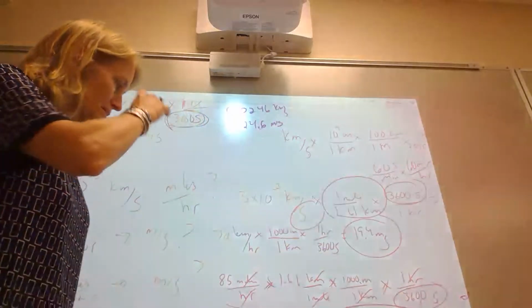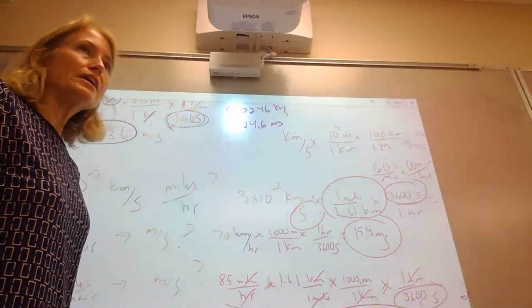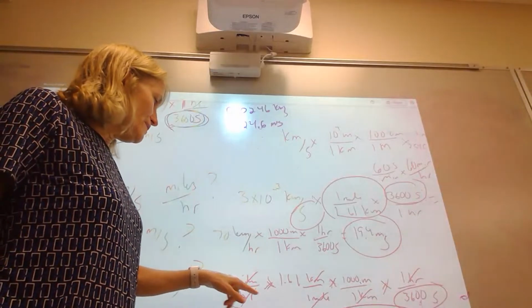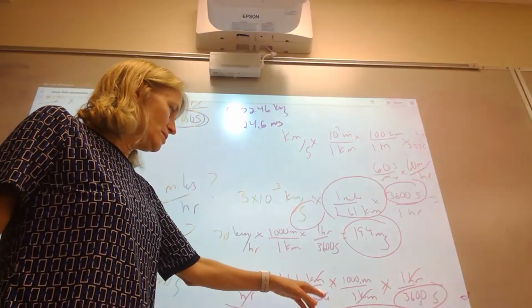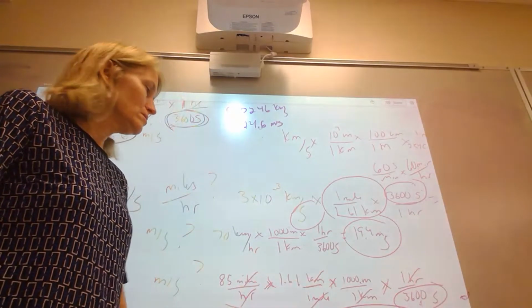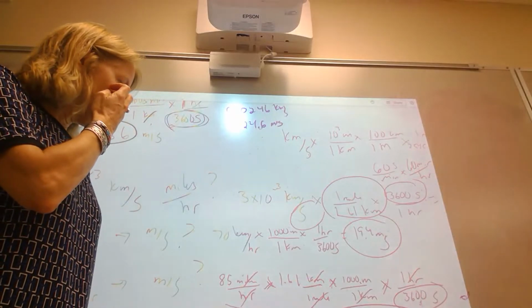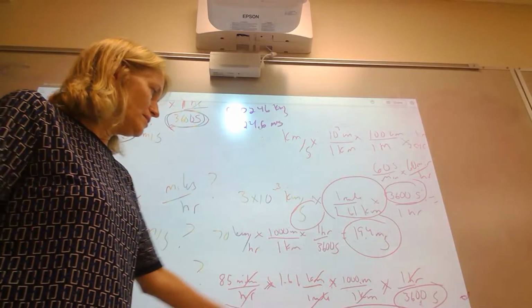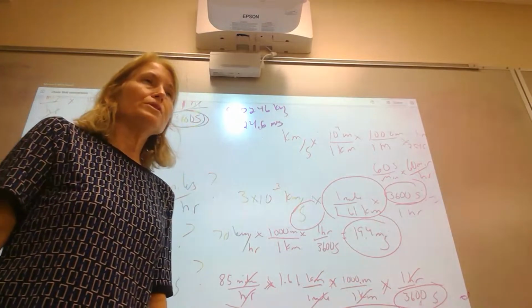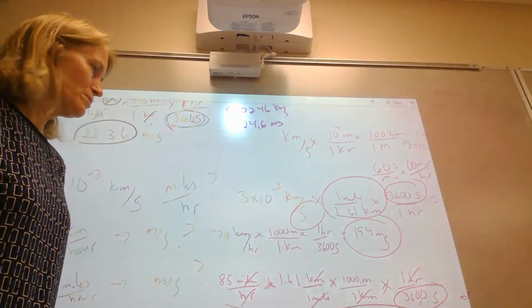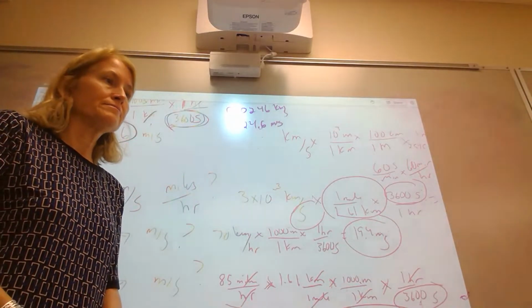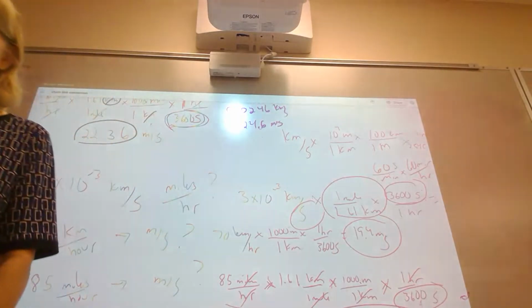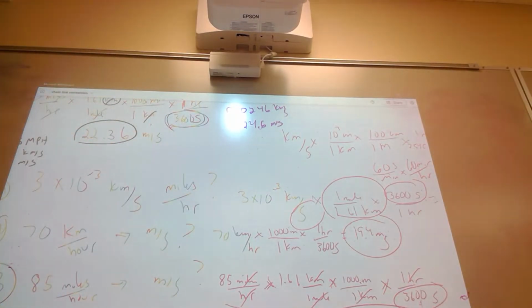If you went miles to feet, you should have gotten a similar answer: 5,280 feet in a mile, and then 12 inches in a foot, and then 2.54 centimeters in an inch, like that. Okay.